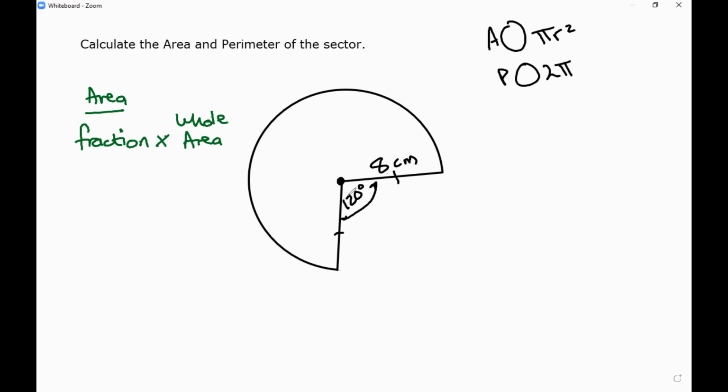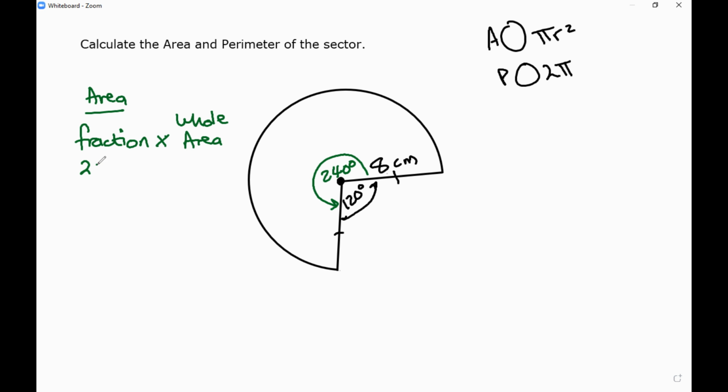The fraction in this case is going to be 240 degrees, because they add up to 360 degrees together. 240 plus 120 is 360, so that makes your revolution. And the fraction that we're calculating is on the inside, so we need the 240.